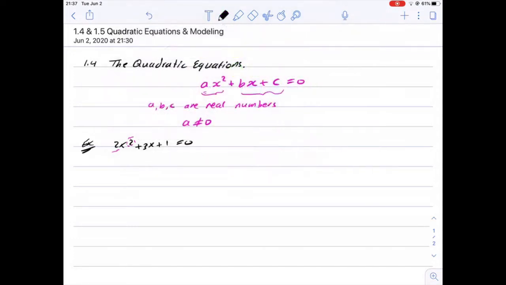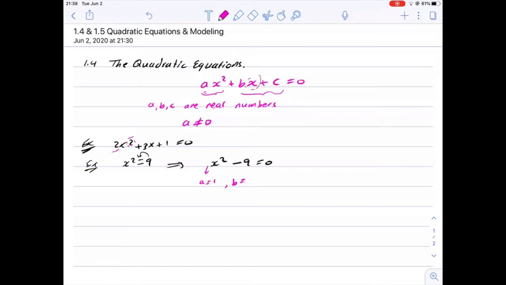Another equation, x squared equals 9. This is a quadratic equation because we can rewrite it as x squared minus 9 equals 0 if we bring this to the left hand side, or subtract 9 from both sides. So what is a in this case? A, the coefficient of x squared, is 1. B is the coefficient of x.